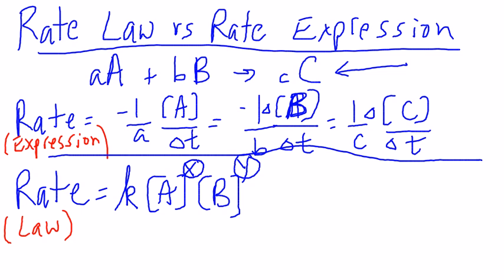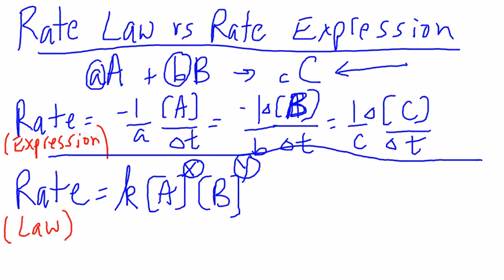Even if we had actual numbers in a balanced chemical reaction, we couldn't just simply write the rate law from that. Notice that the lowercase a in front of the A does not appear as the exponent x, or the lowercase b in front of B does not appear as the exponent y. These numbers must be derived experimentally.